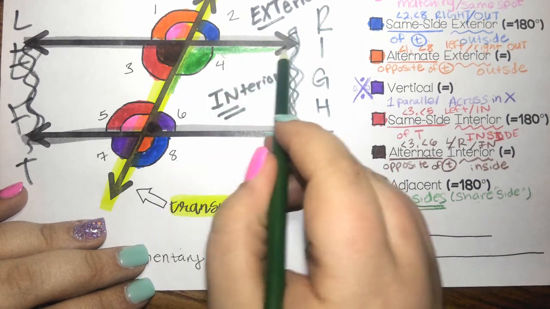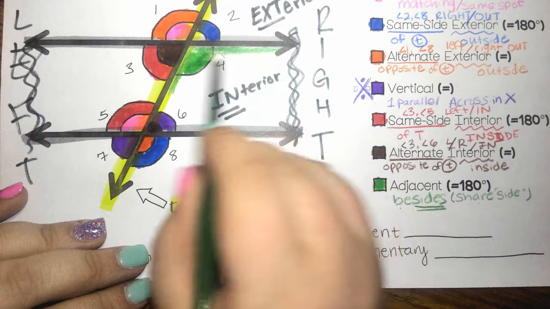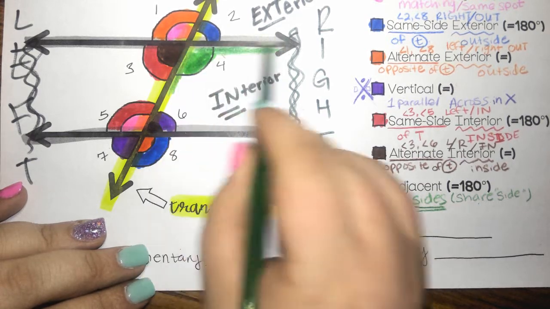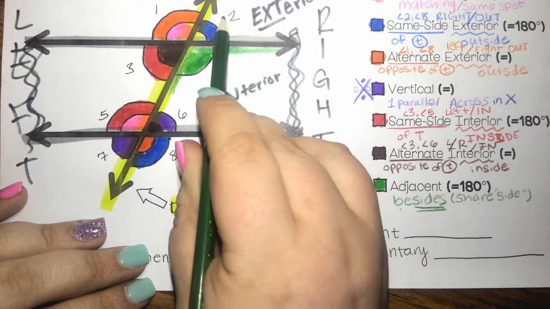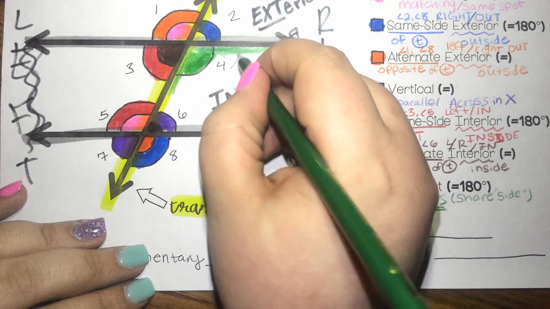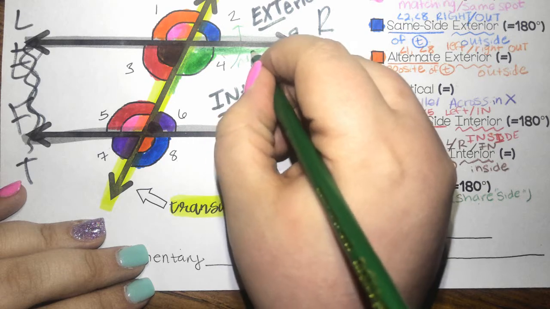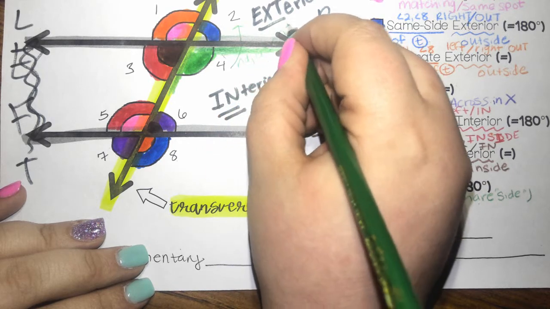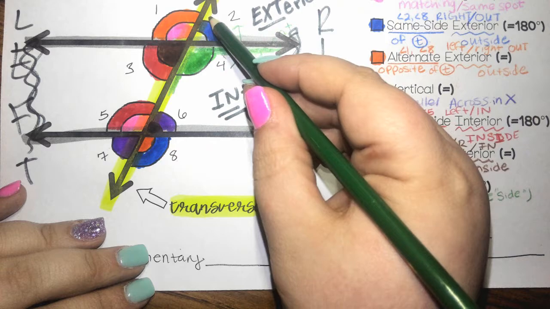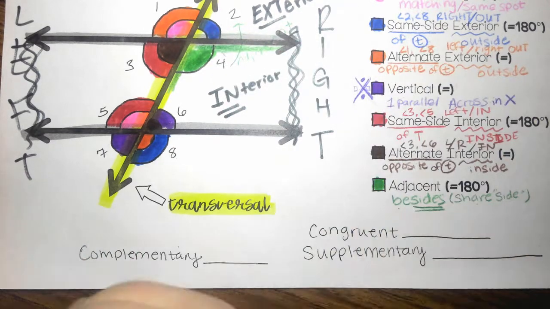The horizontal thing I have outlined in green for angle 4, that horizontal portion shares angle 2. So angle 4 and angle 2 are adjacent. I'm going to write that word adjacent because there's not a spot to color there. Oh, there is a spot to color there.